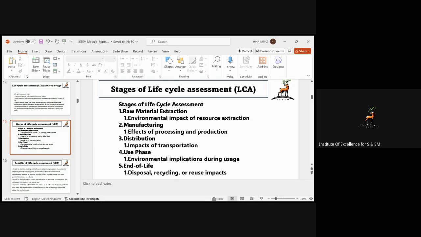That would be a very alarming situation. So you have to assess the entire process of any product. At the end, you will write the report about that industry and that product, and present the report to the environmental protection agency or the industry in which you are working.